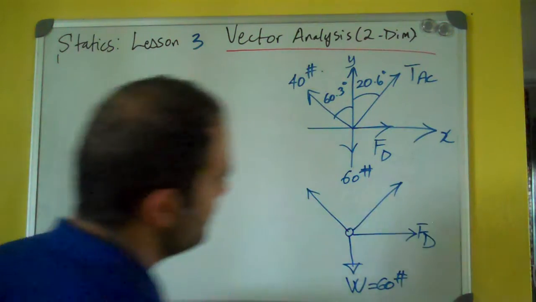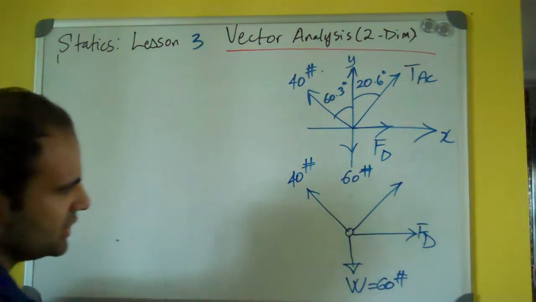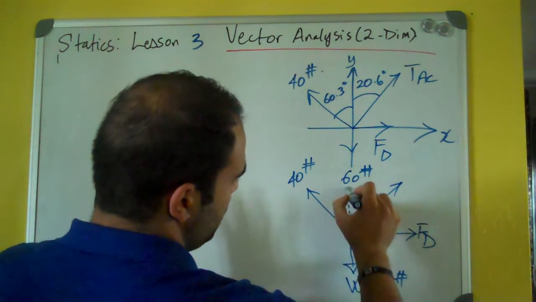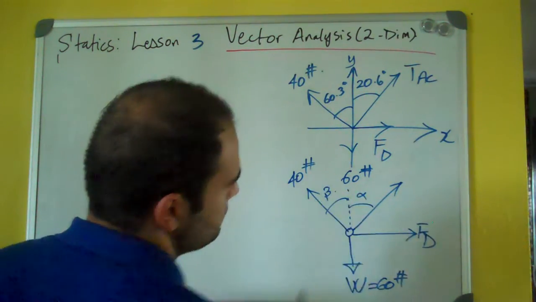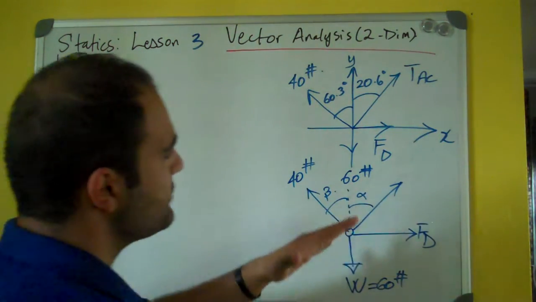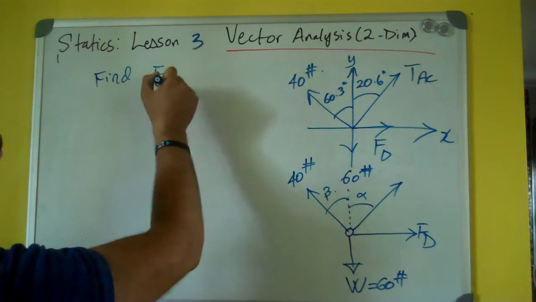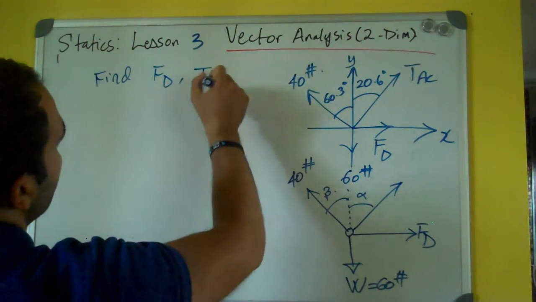Obviously that's not you. And then you've got 40 pounds here, and you're designing this system to be in equilibrium, knowing this angle and knowing this angle. So the question of the problem statement will be: find FD, comma, TAC.